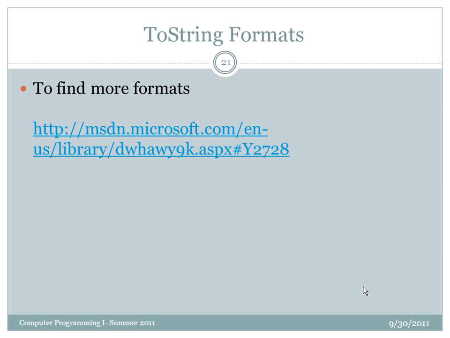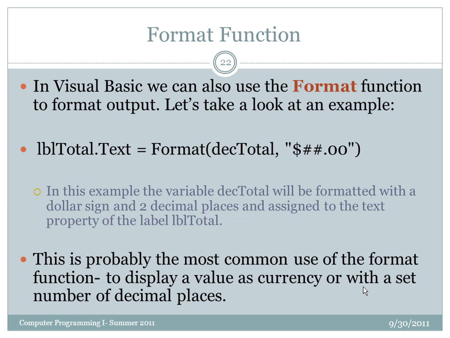If you want to find out more information on other types of toString formats, you can Google it, and also in the MSDN library for Microsoft, there is more information. You can also use the format function in Visual Basic. So with the format function, you're going to say, for example, label total.text equals format, and then you would say DEC total, comma, and then you would put your quotation mark, your currency format here.